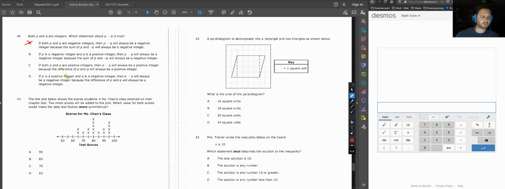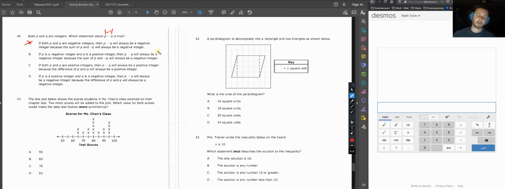So far, B is holding true, but let's see what happens with the rest of our answer choices. C says if both P and Q are positive, so 1 minus 1, then P minus Q will always be positive. No. 1 minus 1 is 0, which is neither positive nor negative, so C is out. D says if P is positive, so positive 1, and Q is negative, so -1, then P minus Q will always be negative.